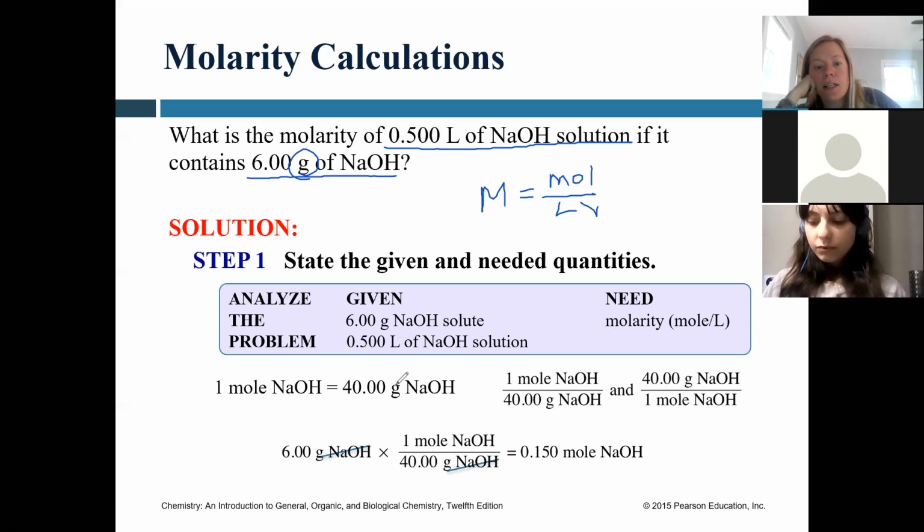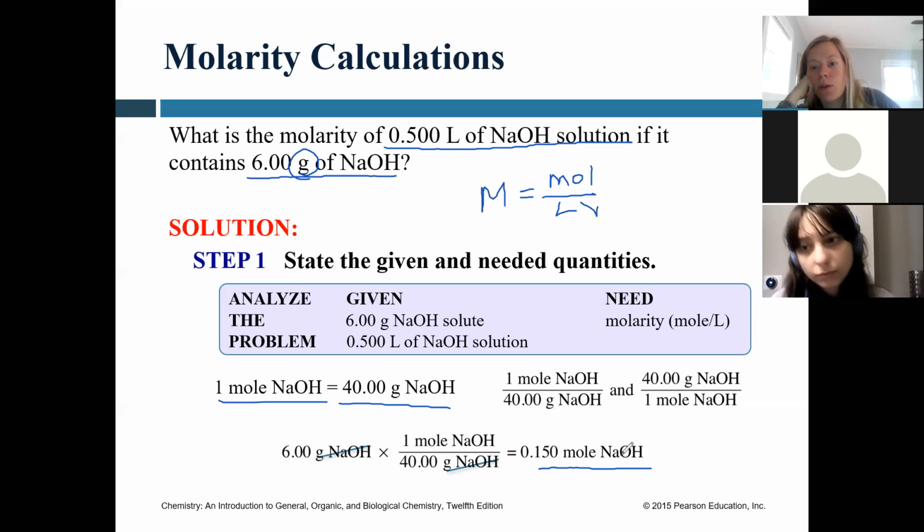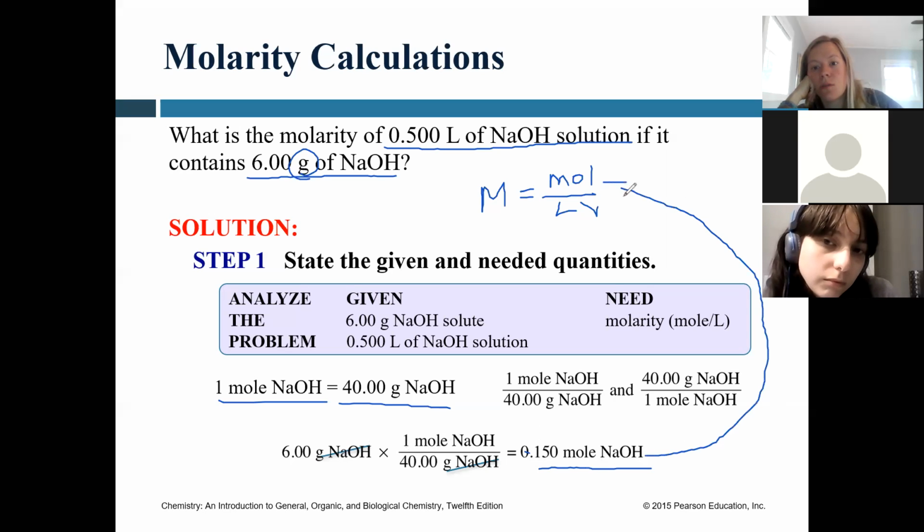So we find here that the molar mass is 40 grams of NaOH for every 1 mole. So we need to convert the grams of NaOH into moles. We've got 6.00 grams of our NaOH. I use the molar mass here to convert into moles, and now I have a mole value of the NaOH. Now this can then get plugged into that equation of moles over liters.